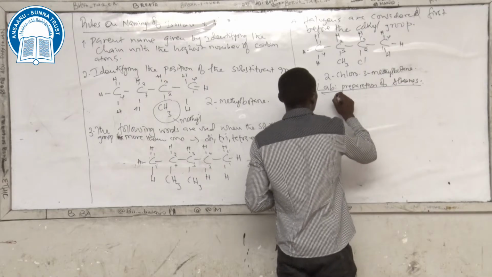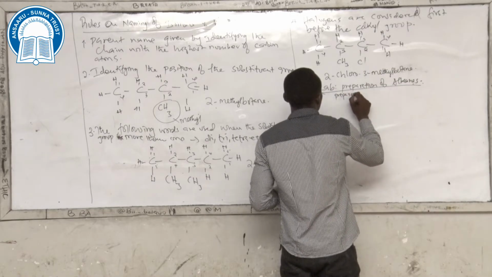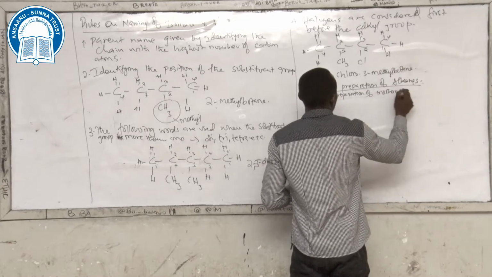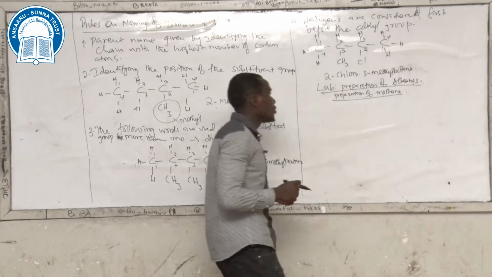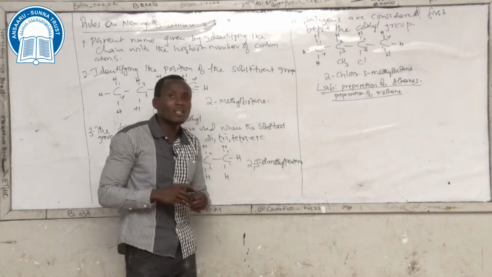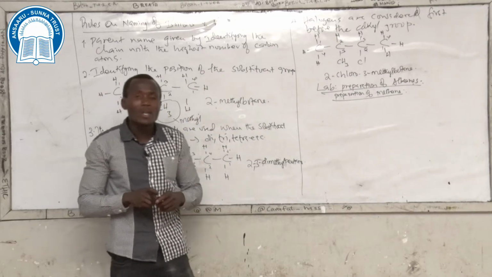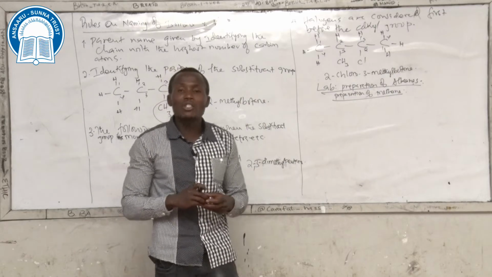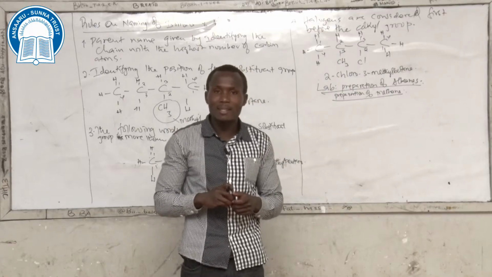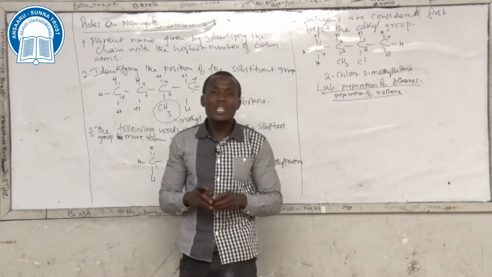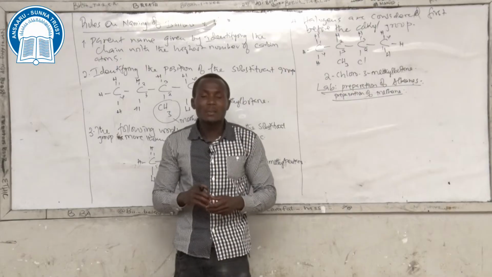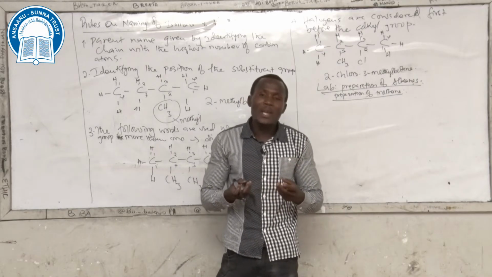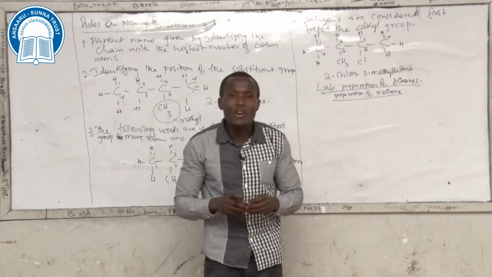Preparation of methane. When it comes to preparation of alkanes, we use soda lime with the salts alkanoates. Alkanoates are salts derived from the organic acids. For example, ethanoate is derived when you react a metal or a base with ethanoic acid.